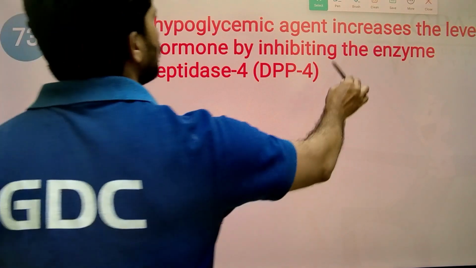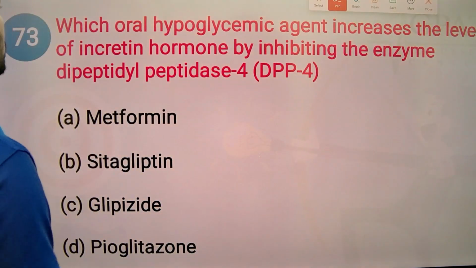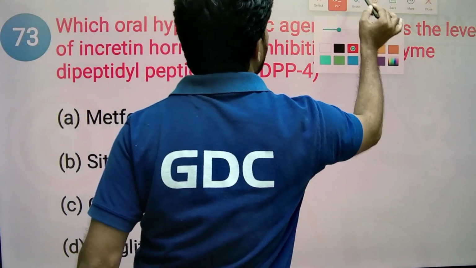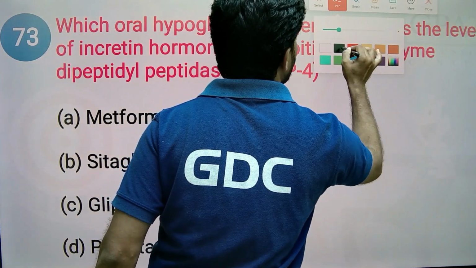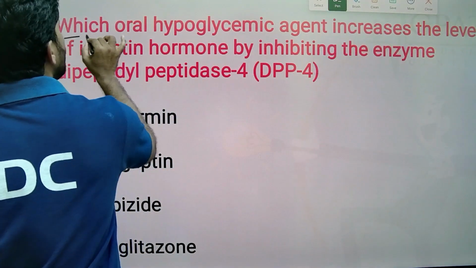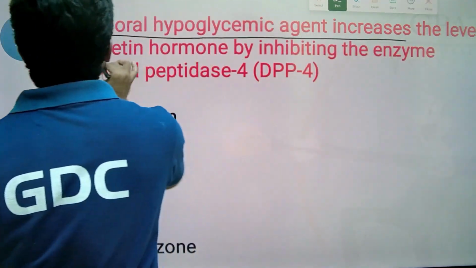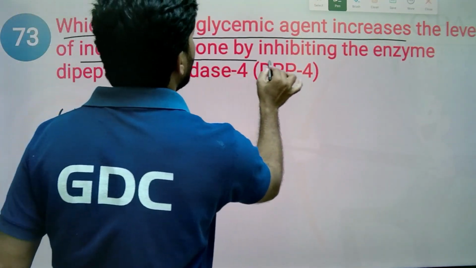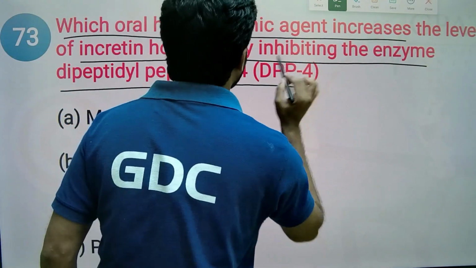So what is the next MCQ? The next MCQ is: which oral hypoglycemic agent increases levels of incretin hormone by inhibiting the enzyme dipeptidyl peptidase 4?